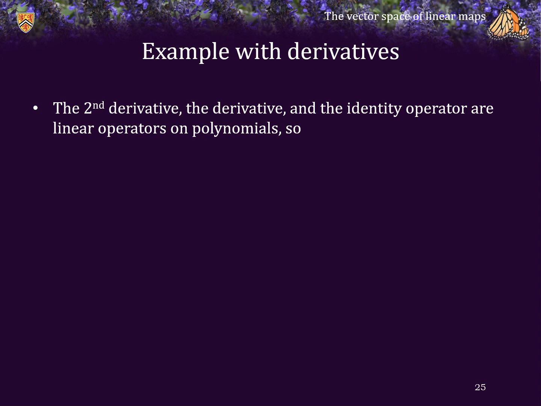Now, the second derivative, the derivative, and the identity operator are all linear operators on polynomials.